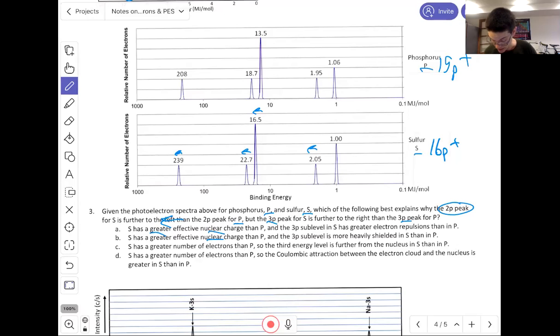So it's going to be either answer A or answer B. And then we have to look at the second part. The 3p is further to the right. Again, this one is shoved slightly to the right of what we would expect, and that is because of the repelling of those electrons. So which answer would that be? A again, electron repulsion.